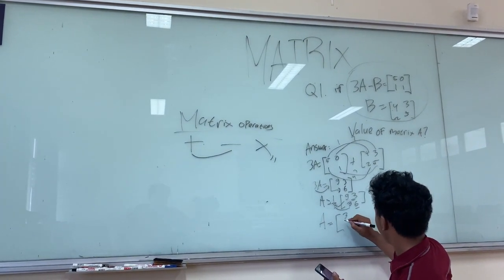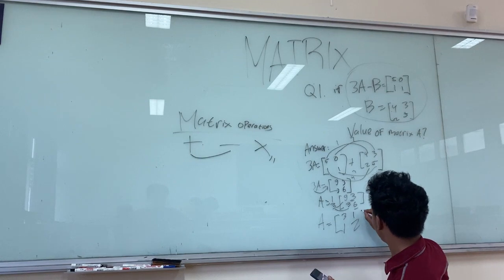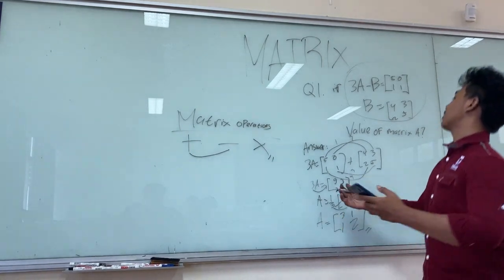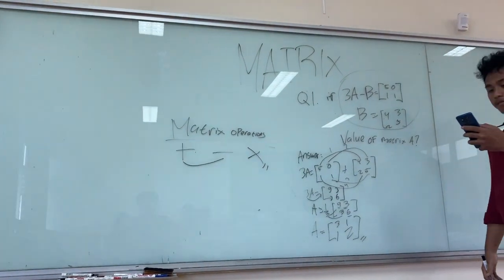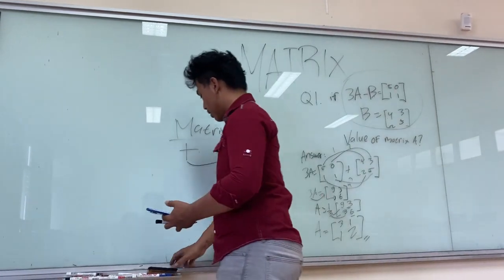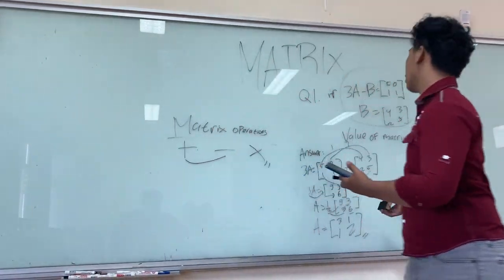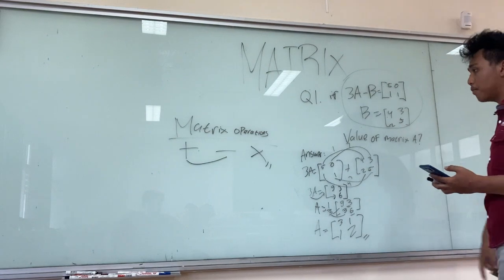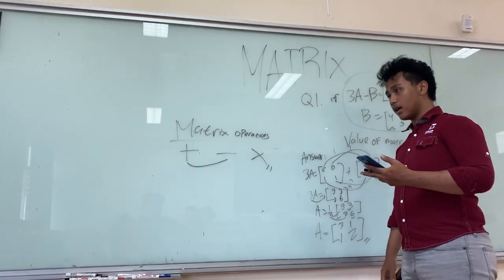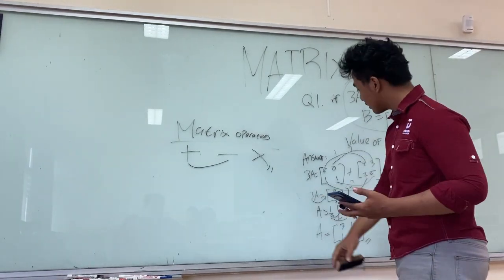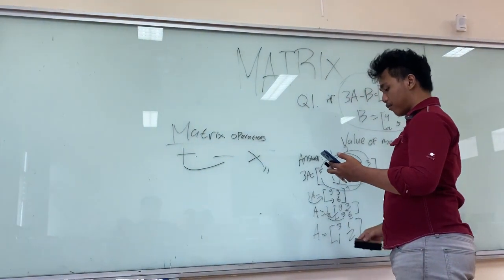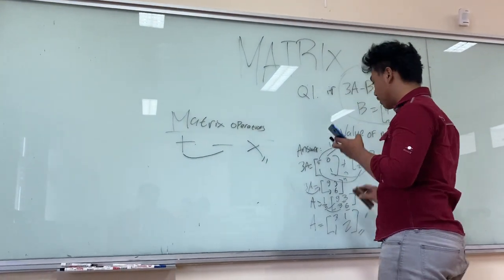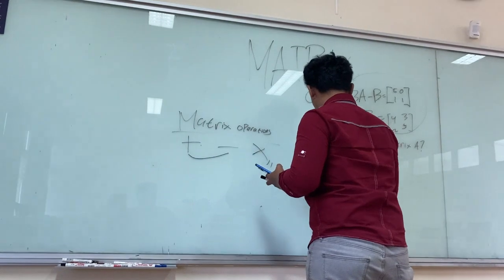So it will be 3, 1, 1, 2. So the A will be like this. And yeah, this is the example of a matrix operation that is adding, or plus. We're going to move into the next material about matrix.